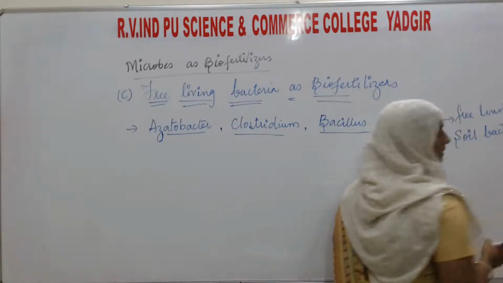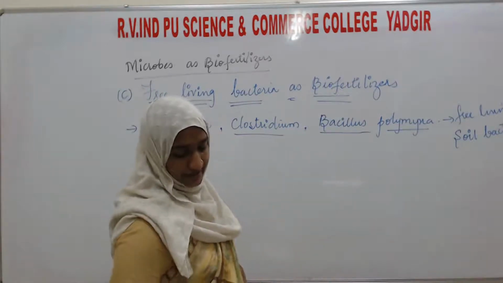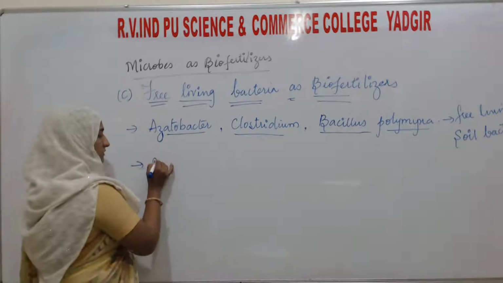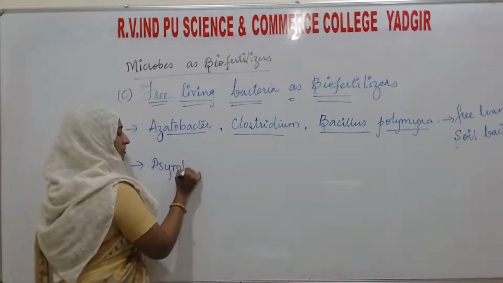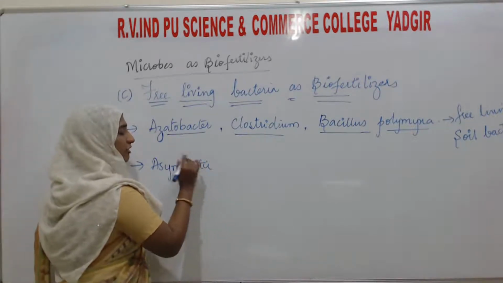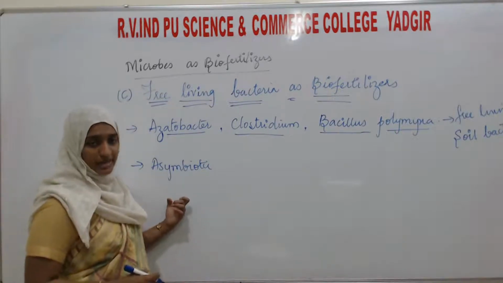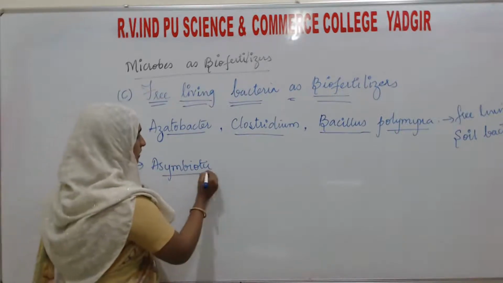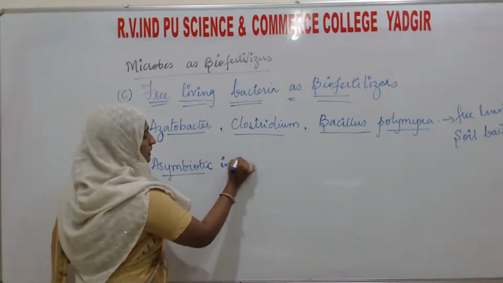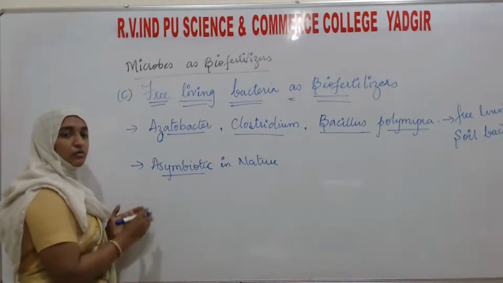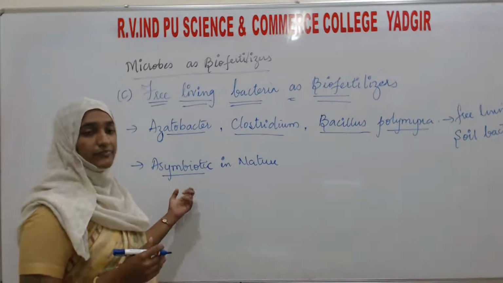So all these bacteria are asymbiotic in nature. What do we mean by asymbiotic? It means they are not in any relation with any other organism. That is why we call it asymbiotic in nature. See, in the last topic we studied that the roots are in close association with the bacteria.